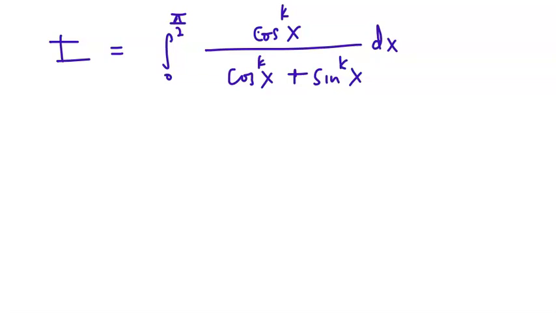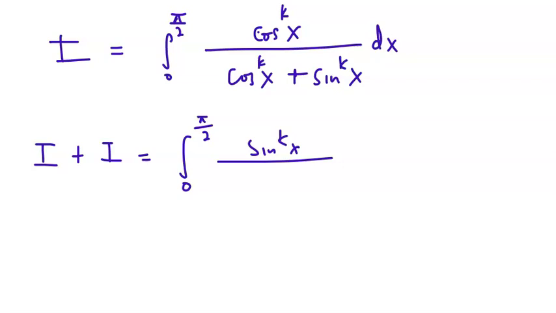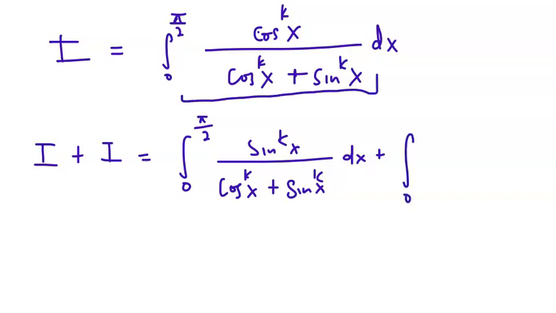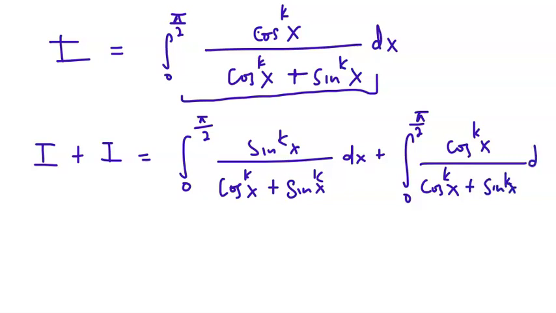We're going to have I plus I equal to the integral from 0 to pi over 2 of sine of x to the power of k divided by cosine of x to the power of k plus sine of x to the power of k dx, plus the second one here, the integral from 0 to pi over 2 of cosine of x to the power of k divided by cosine of x to the power of k plus sine of x to the power of k dx.